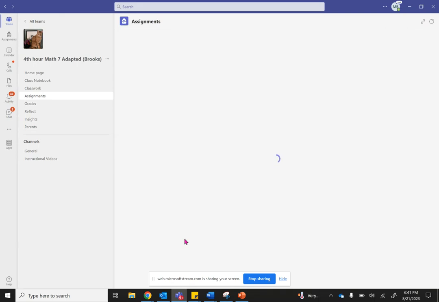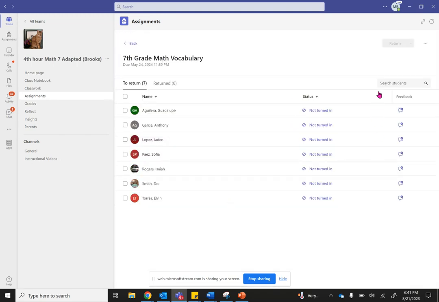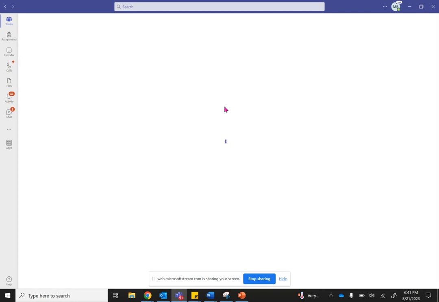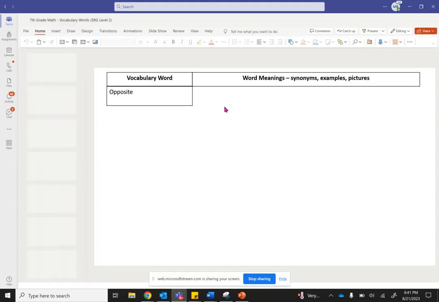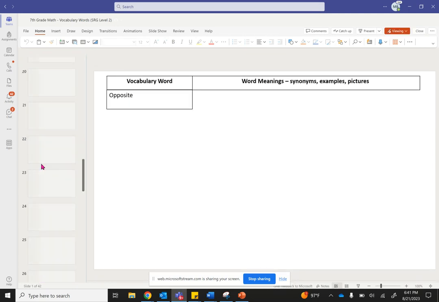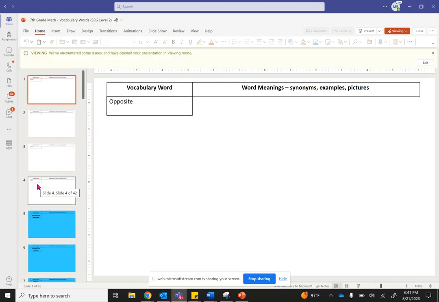It's a PowerPoint, and hopefully you'll be able to open it. I want to view this as a student. Student view. So this is what it's going to look like on your end. You're going to open it up. These are a big chunk of all the vocabulary words you're going to have this year.